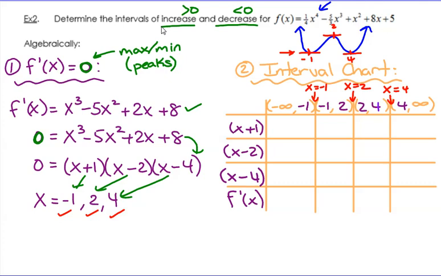I'm going to talk about the first derivative test a little bit later, but essentially what we do is take our first derivative function, break it up into pieces. Really the most important one is down here. But we break it up into pieces to make it a little bit easier in order to figure out if it's positive or negative within that region. Okay, so within the negative infinity to negative 1 domain, I don't know, choose like negative 100 and sub it in and you'll just get these.